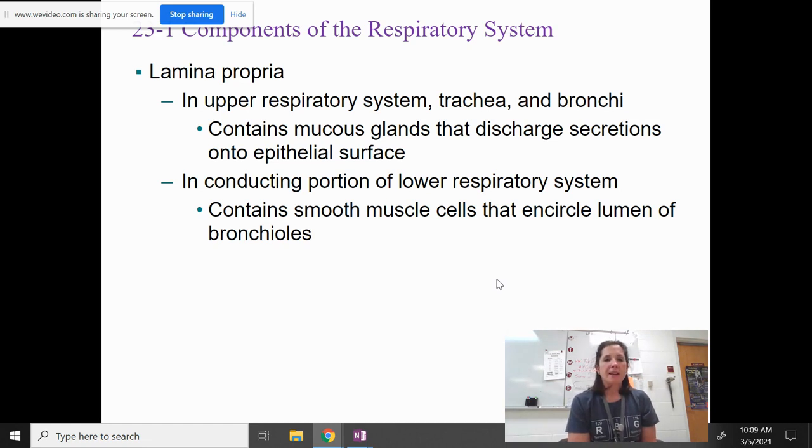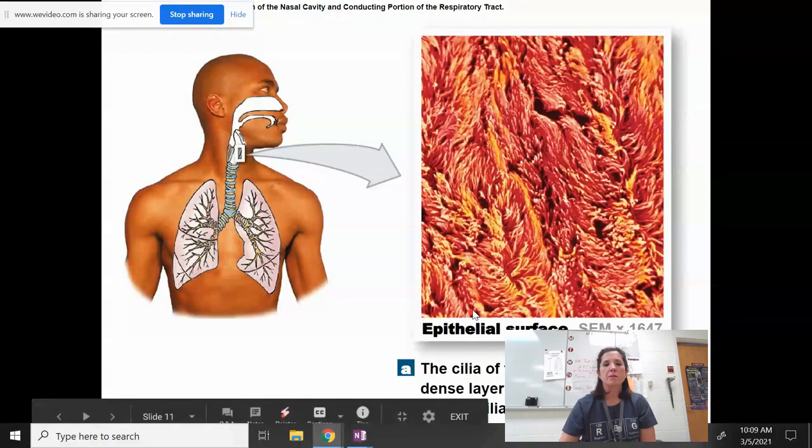So that lamina propria is the layer in the upper respiratory system, the trachea and the bronchi. This is going to discharge secretions onto the surface, and lower in the respiratory system, it contains smooth muscle cells that encircle the inside of those bronchioles.